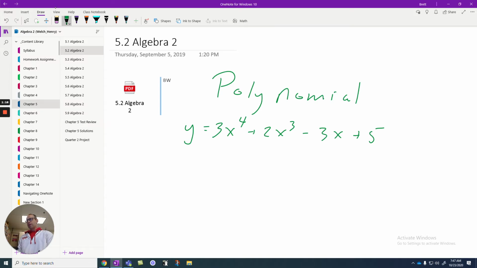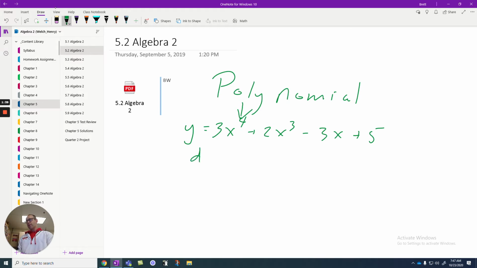First things first. In the first part of the assignment, we're going to be working on finding what's called the leading coefficient and the degree of a polynomial. So whenever we have a polynomial like this, we always have to first start by finding the highest exponent. Now it's nice when they're written in order, and they won't always be written in order, but in this case they are.